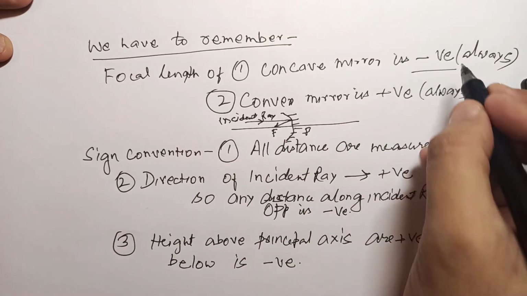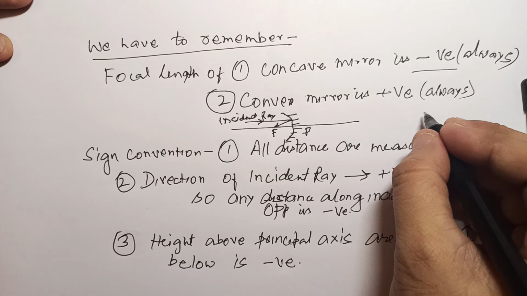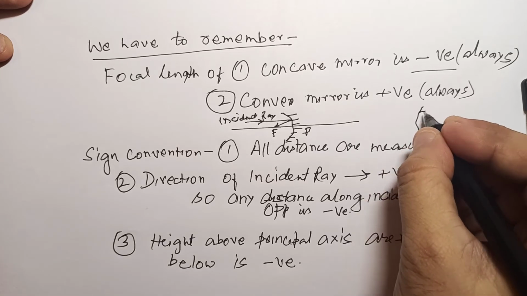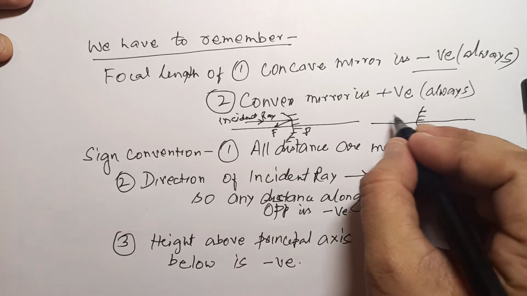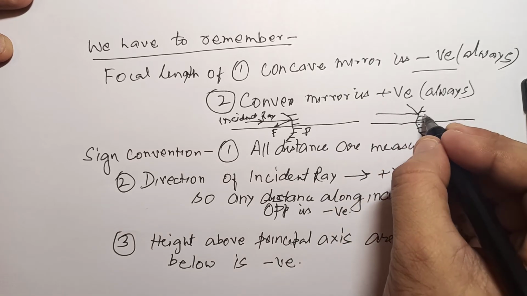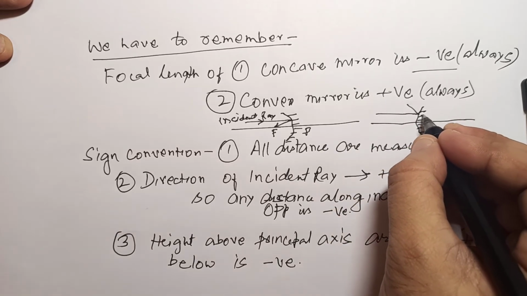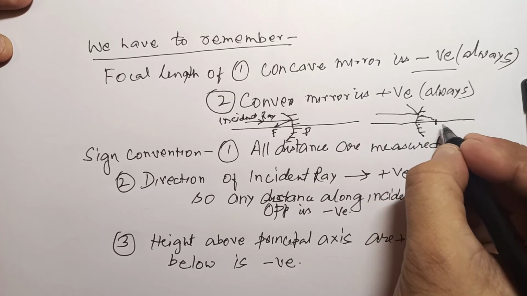That is why it is negative. However, if I talk about the convex mirror, in the convex mirror it goes this way and this way, and focus is somewhere here.